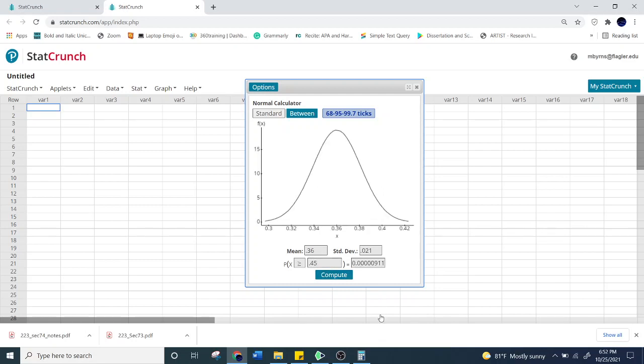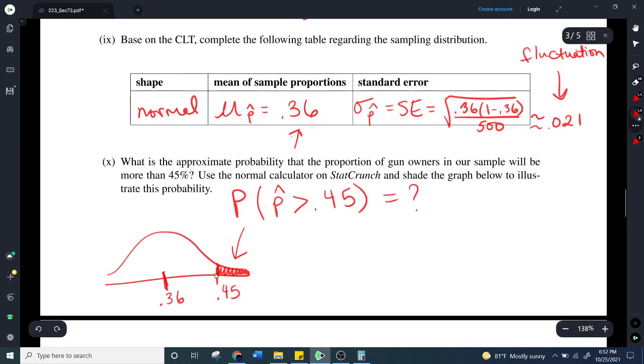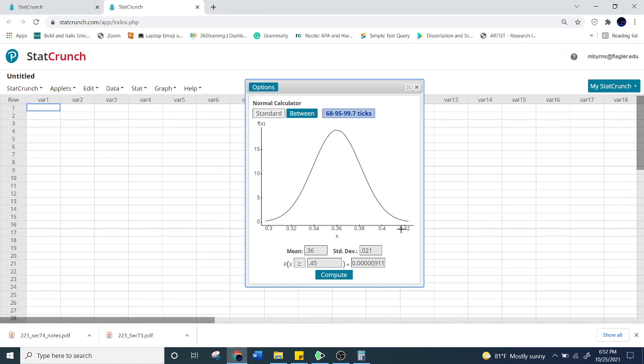And actually, in my picture, I had it drawn so that we could see the 0.45, but really 0.45 is pretty far out into the tail. Look at the probability. The likelihood of getting a sample with more than 45% of people who say they own guns, according to the way we're running this survey, is going to be right here. And that's going to be this number right here.